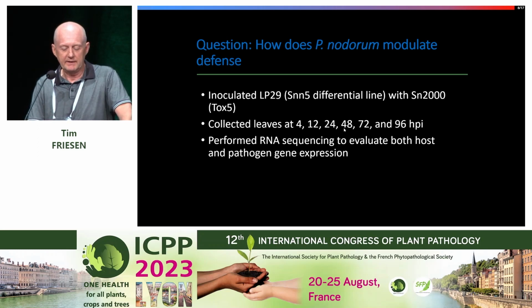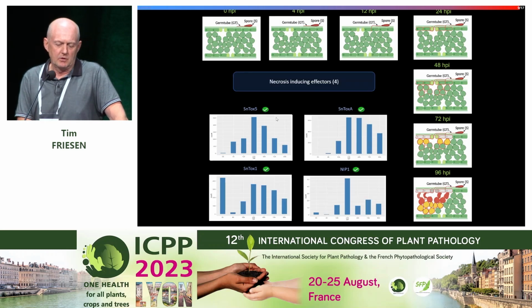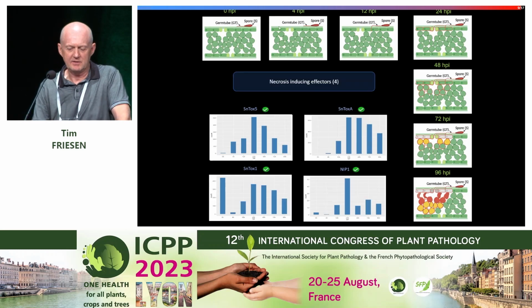We collected leaves at the same time points that I just showed you, and then performed the RNA sequencing and looked at both host and pathogen. Here at the top and down the side are the different time points, so you can see what's happening at each point in the infection process.